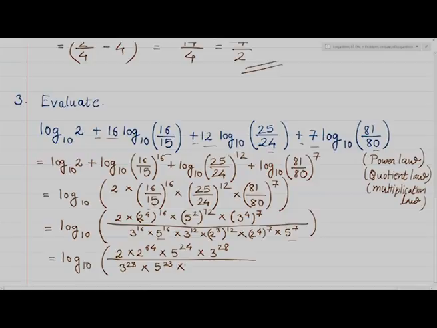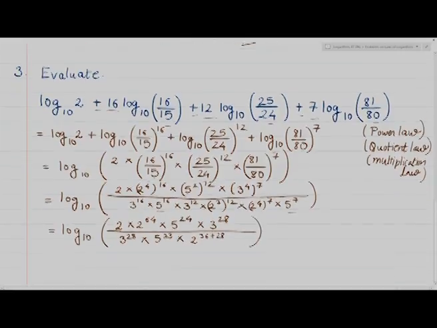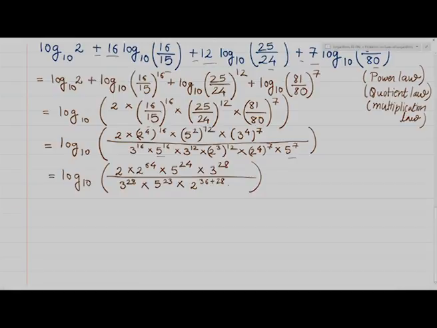into 2 raised to 36 and plus 2 into 2 raised to 28. So it is 2 raised to 36 plus 28. Okay. Now, let us try to simplify. So this 36 plus 28 sums up to 64.